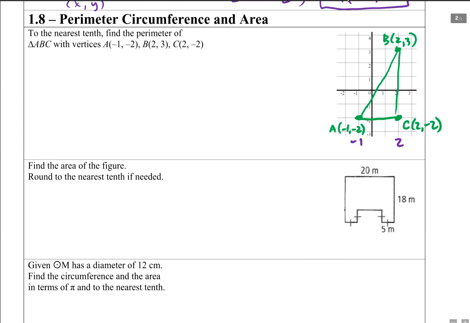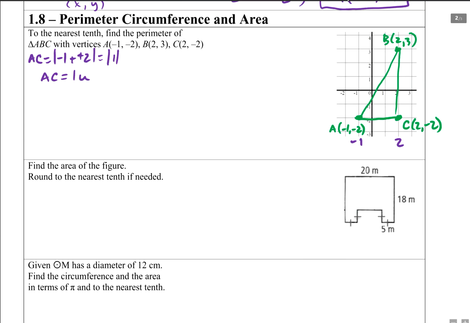So I know that the length of AC is the absolute value of -1 minus -2. That makes plus plus, which is the absolute value of -1 plus 2 is just 1.